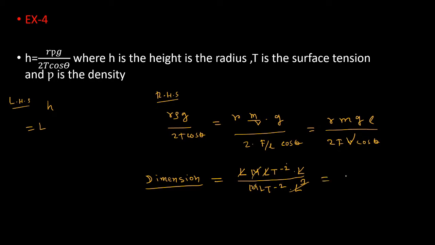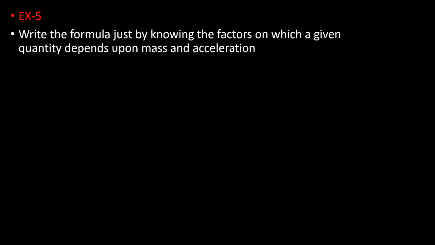The remaining term will be 1 by L. So the dimension here is 1 by L. If you check the right hand side, that is 1 by L, and the left hand side is L. So we can say that left hand side is not equal to right hand side. Clear? Okay, now I'm moving to the next question.